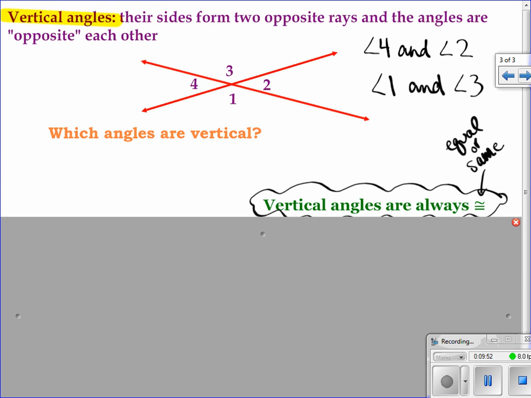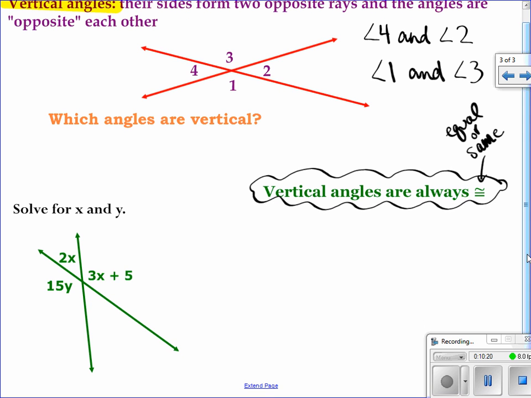We're going to add them together and set them equal to 180? What will we do with vertical angles? Good guess, not equal to 360. What would we know about angle 4 and angle 2? They are the same. So what would we do as far as an equation goes? Set them equal to each other. That's what I'm looking for. Nice.